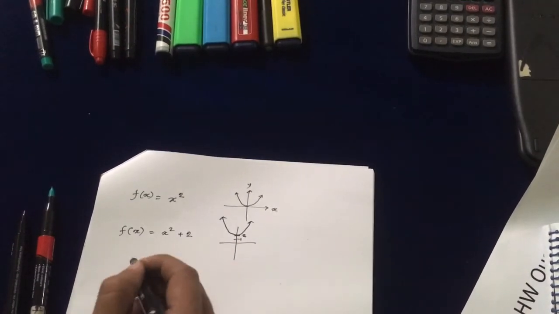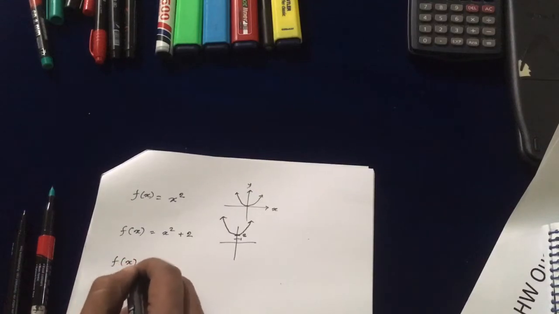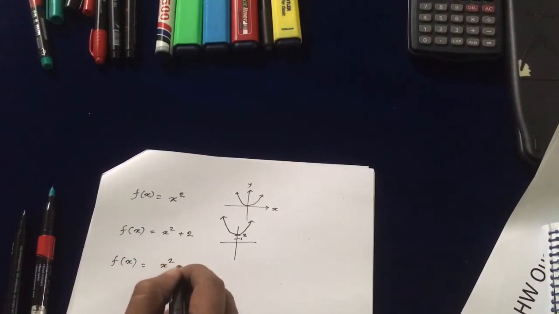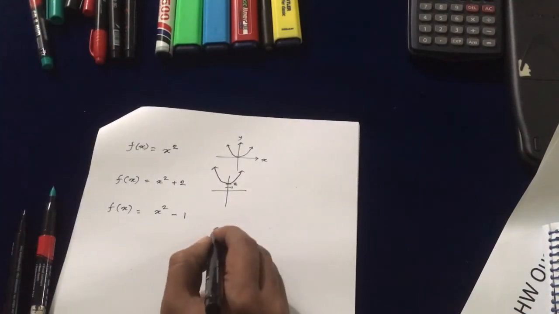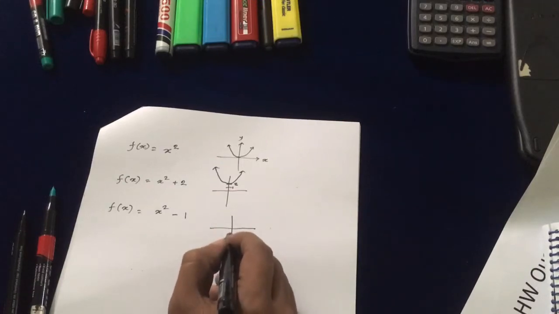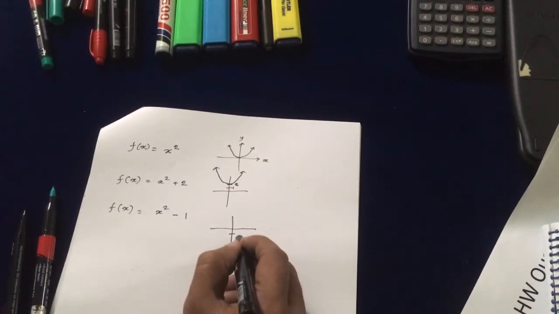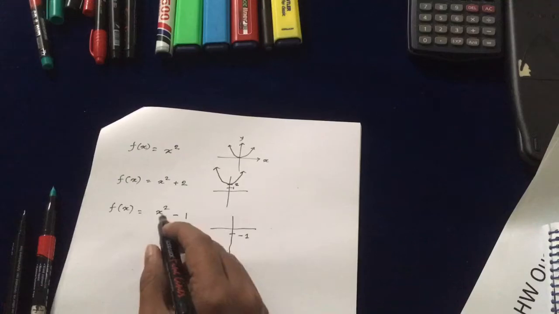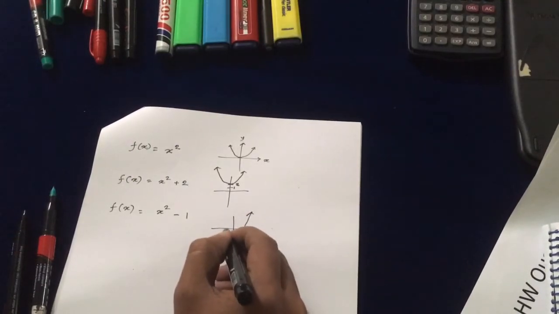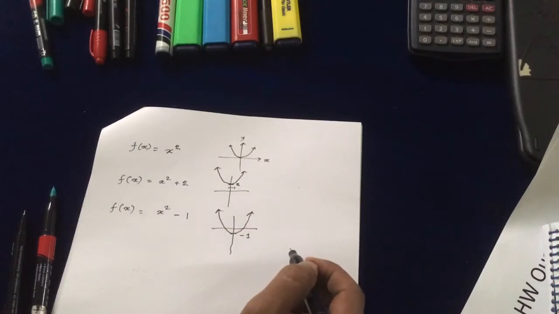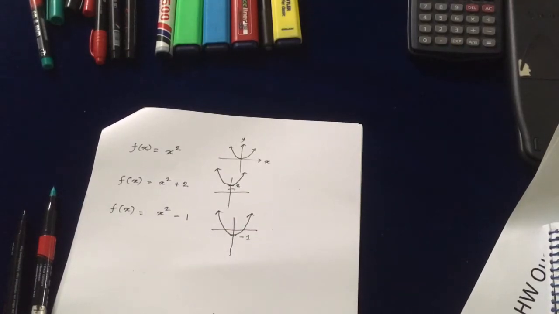And if I write f(x) equals, let's say x squared minus 1, then our graph will come to minus 1, and still our graph will remain the same, so the shape of the graph will be this one.